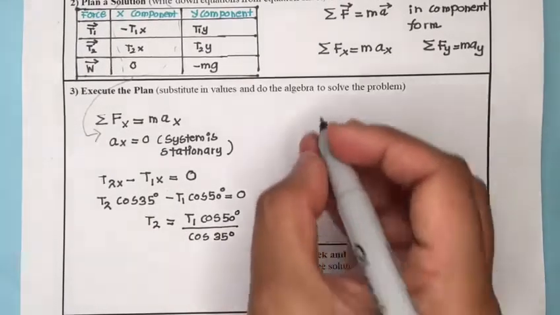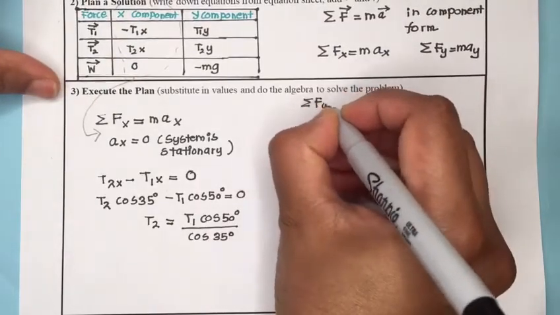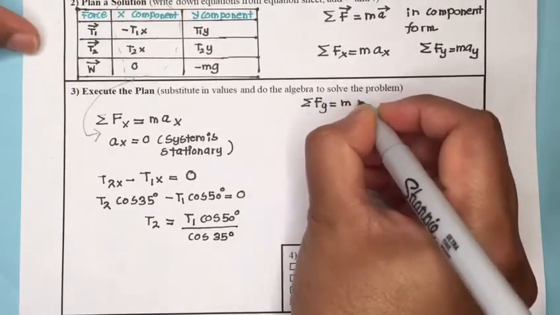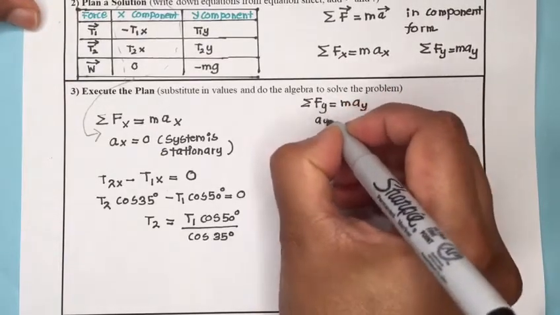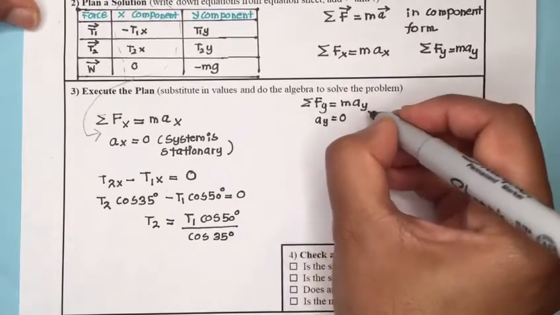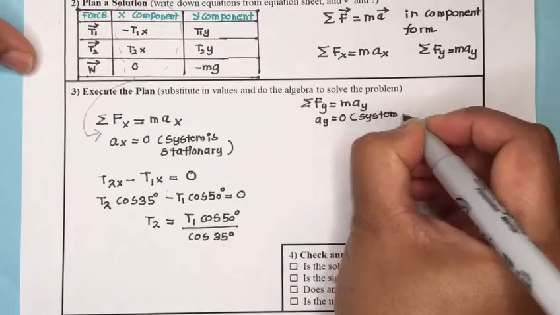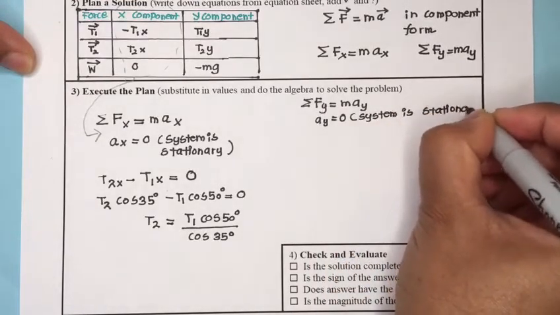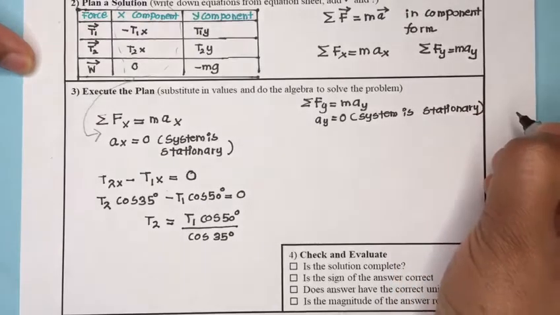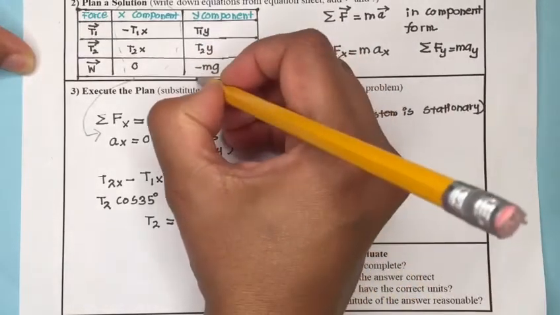Now I'm going to use Newton's second law again, the equation in the y direction. The net force in the y direction is equal to mass times acceleration in y, and the acceleration in the y direction is 0. Again, for the same reason, the system is stationary, it's not moving. And I'm going to look at the little chart now, and I have to consider T1y, T2y, and negative mg.